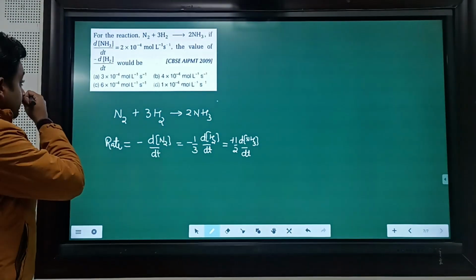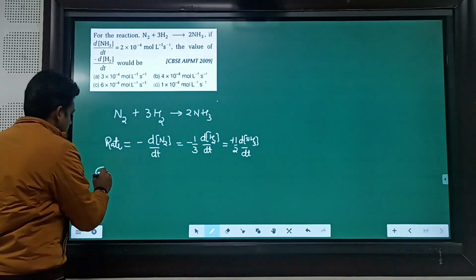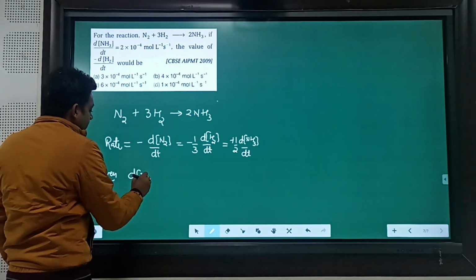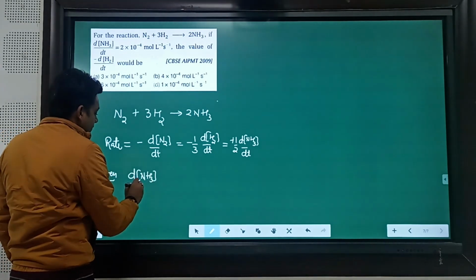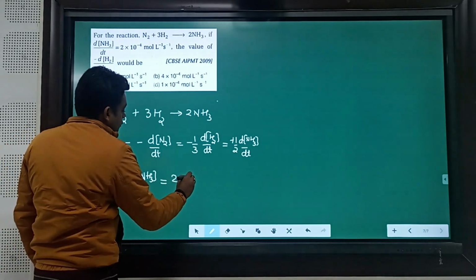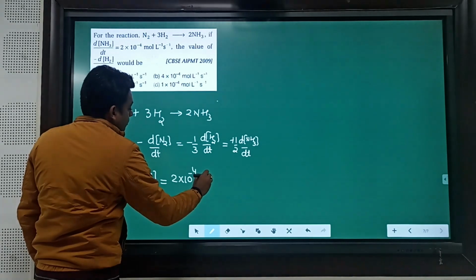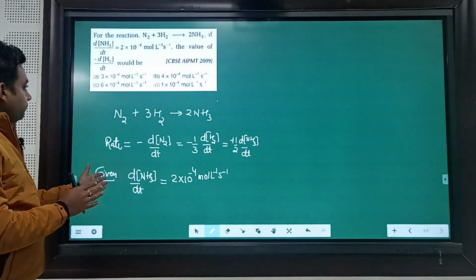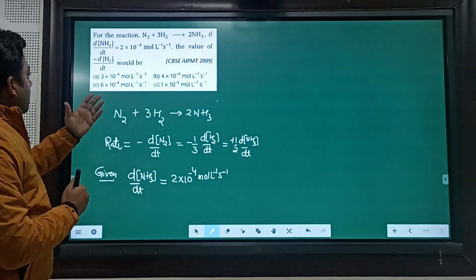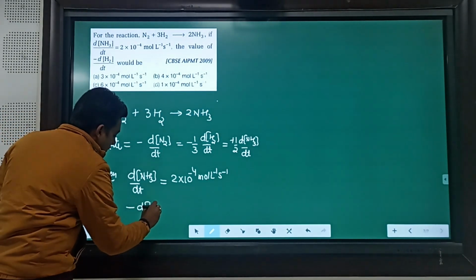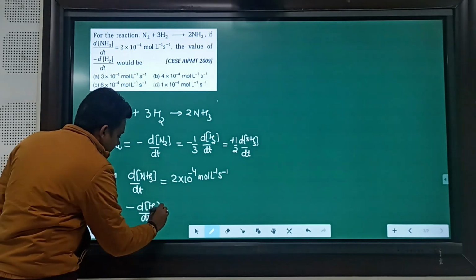Now the given value in this question, the d ammonia by dt, that is the rate of formation of the ammonia, is equal to 2 into 10 raised to power minus 4 mole per liter per second, and our target is to calculate the rate of disappearance of hydrogen.